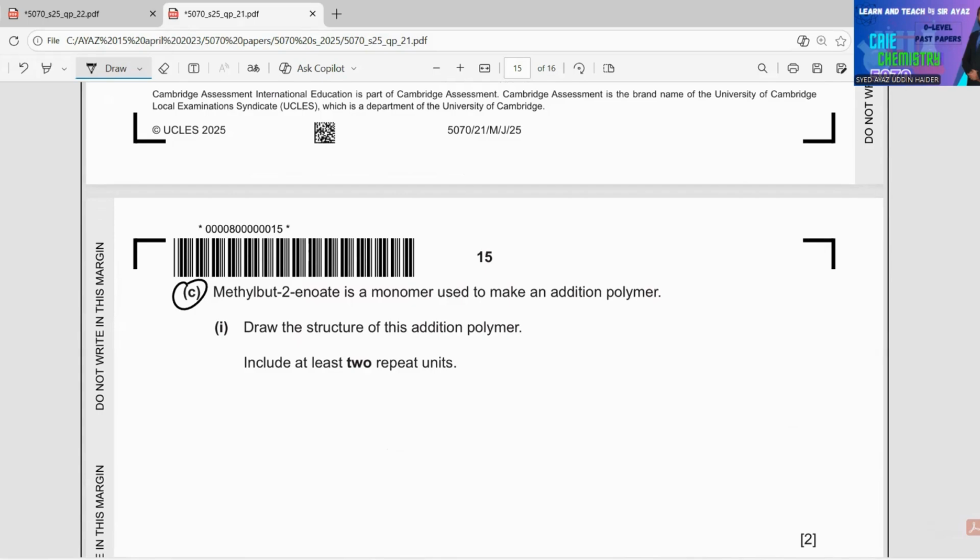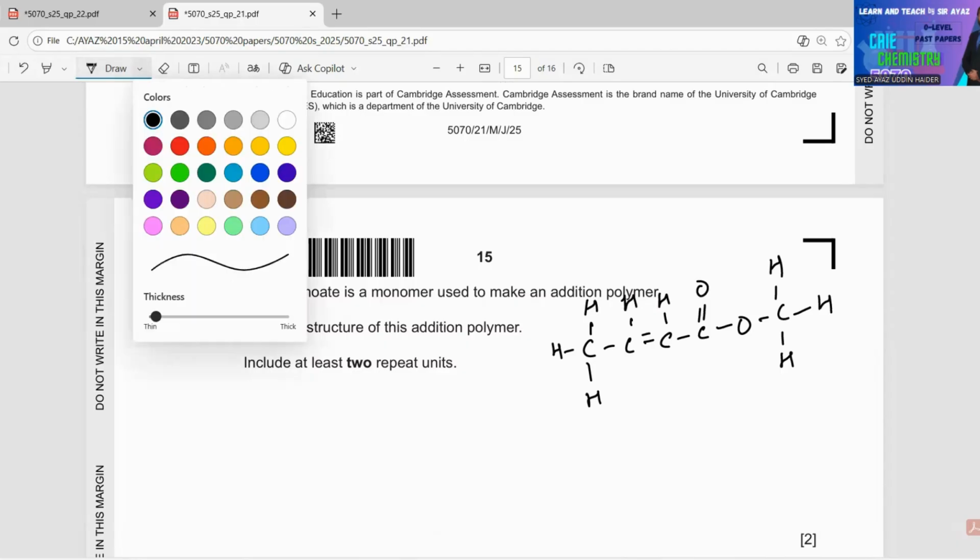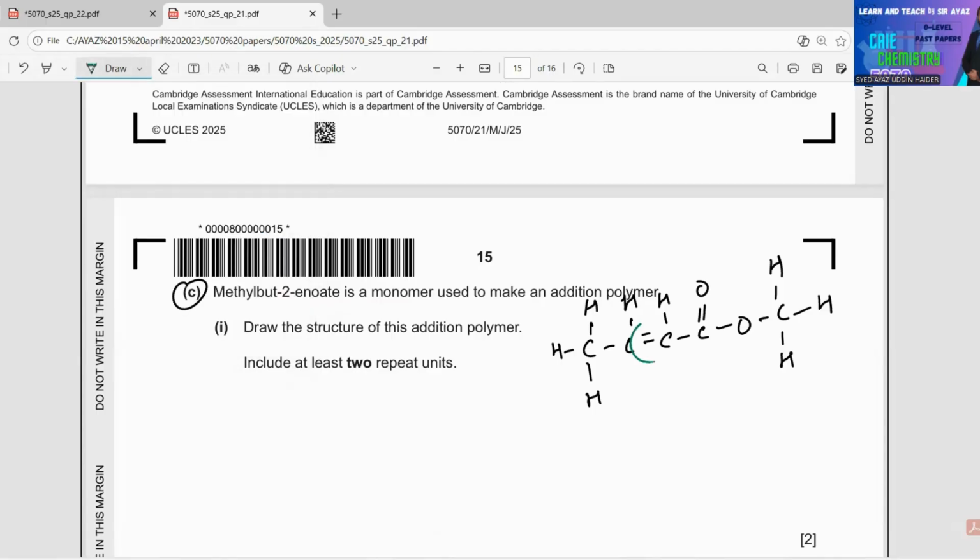So we have 1, 2, 3, 4, and this one must be attached to a methyl group. There's a double bond between these 2 carbon atoms. This double bond must be the joining part, or linkage, for the addition polymer.